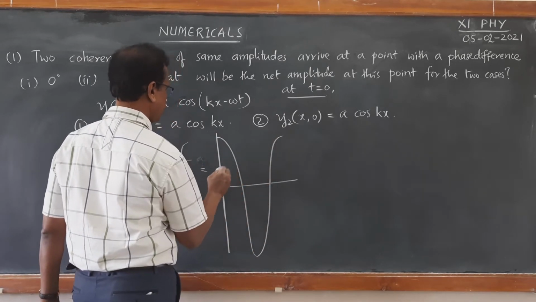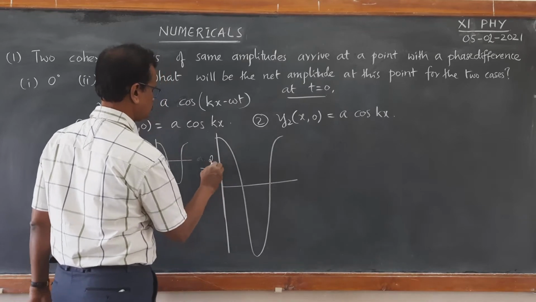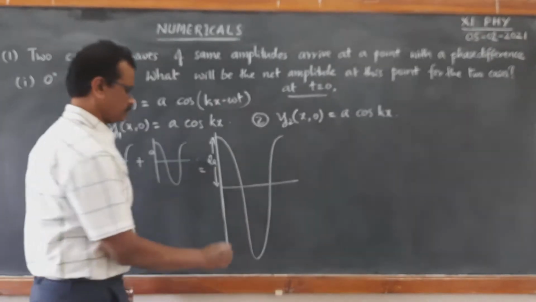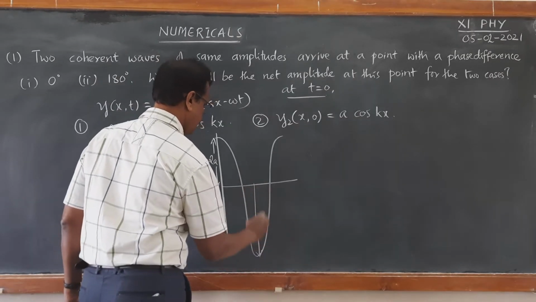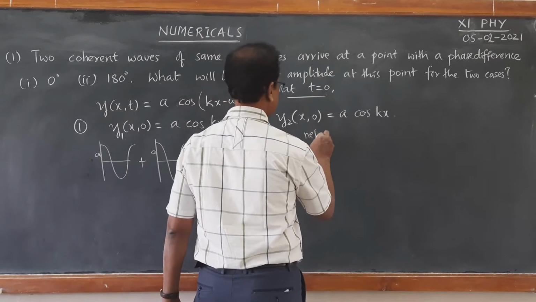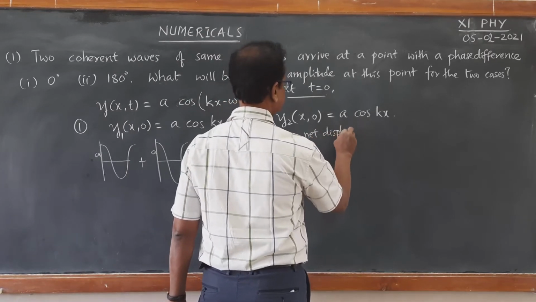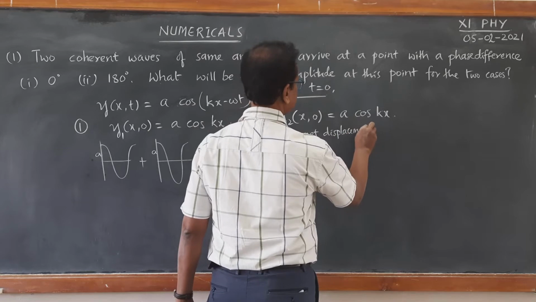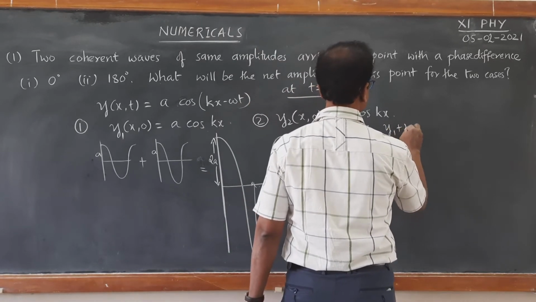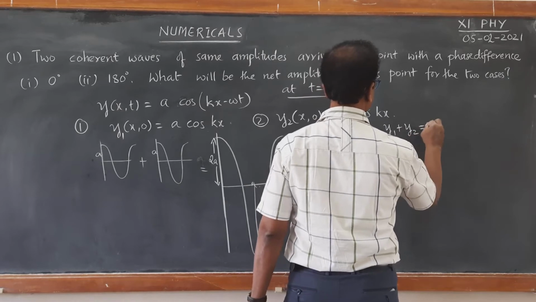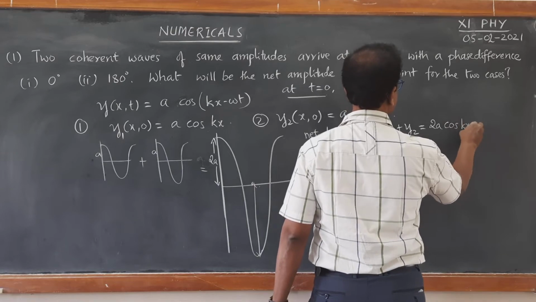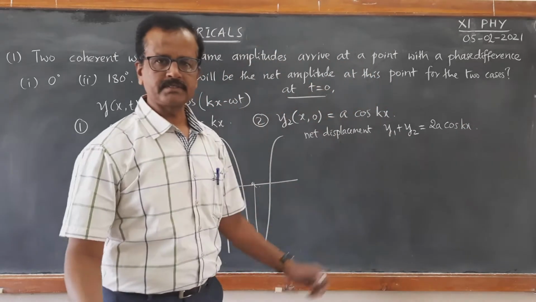So the net displacement y1 plus y2 is equal to 2A cos kx, very simple.